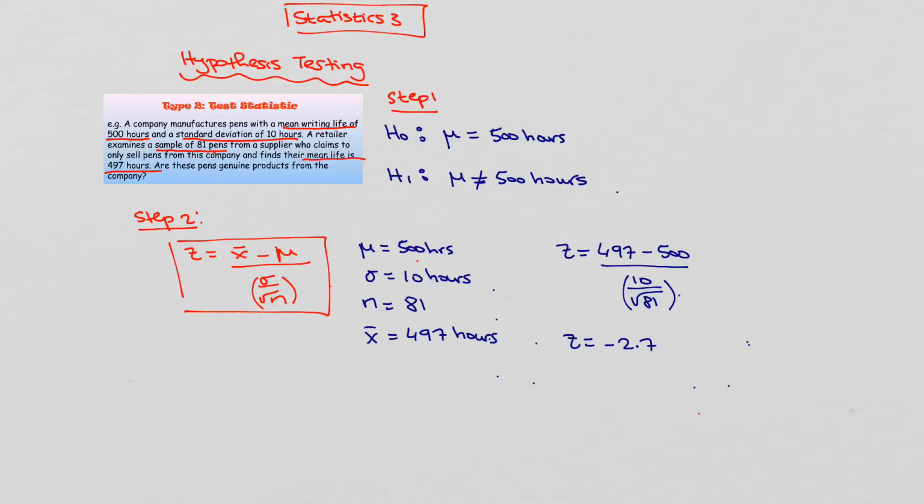So this is our test statistic. Our next thing, step 3, is to sketch a graph to see whereabouts this test statistic lies.